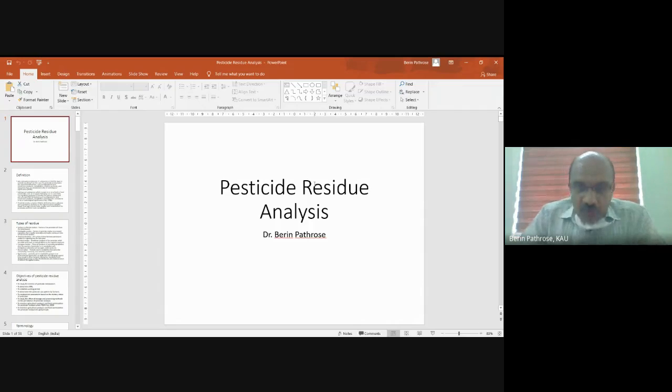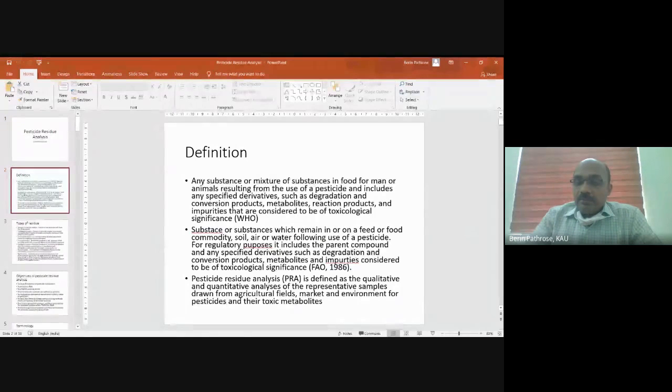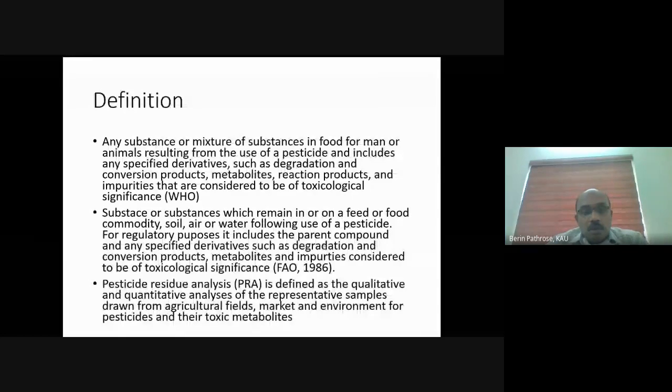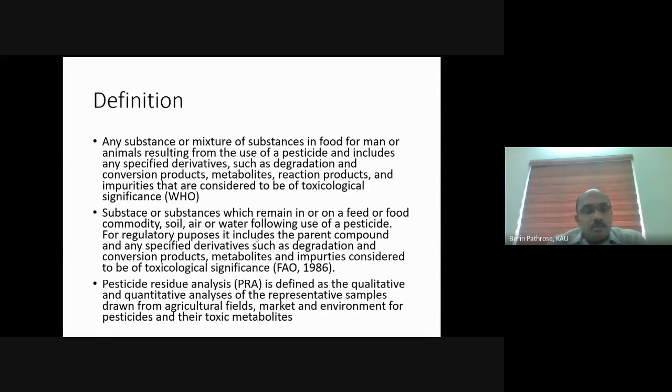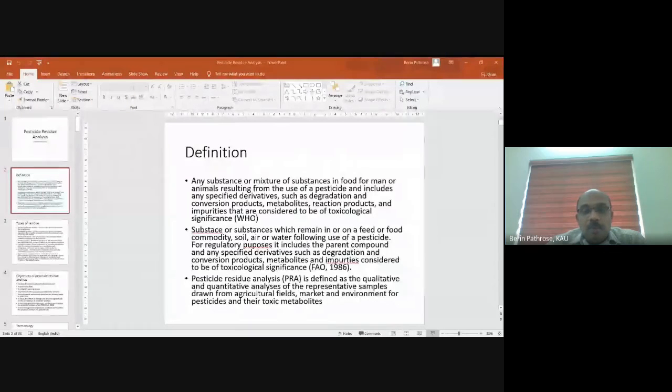So first we will go into the definition. I have given two definitions, of which the second FAO definition is the one which I usually prefer, though basically both the definitions don't vary much in their meaning.